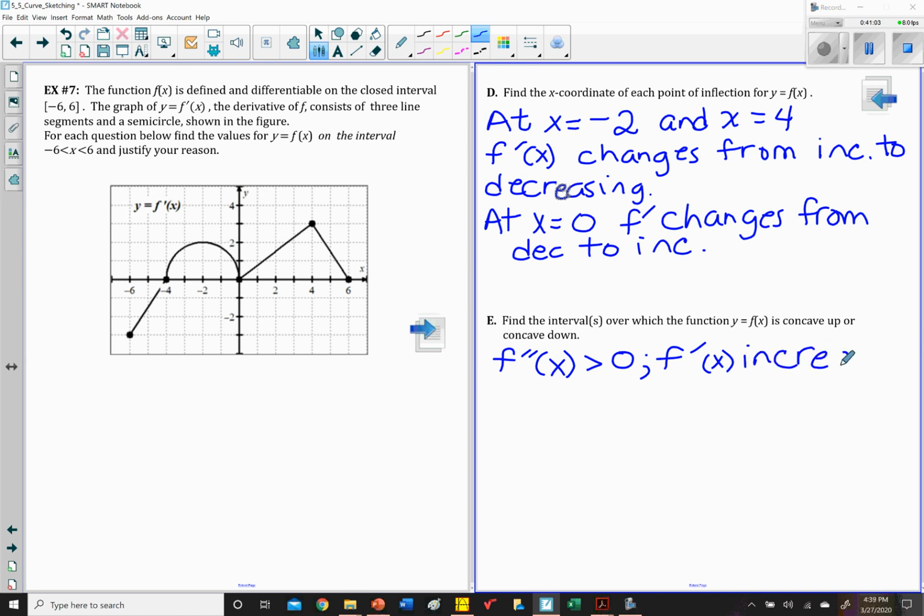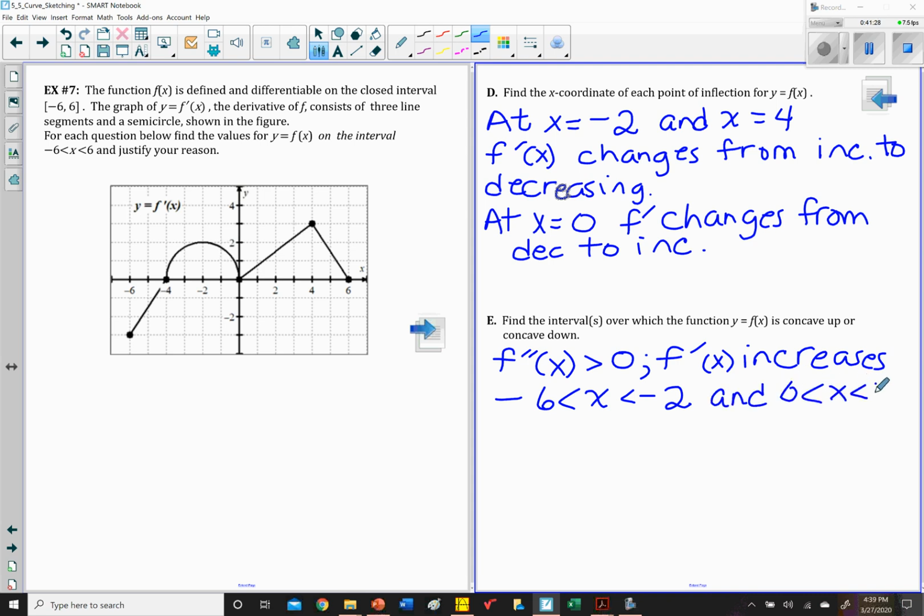Where does that happen? -6 to -4, well, all the way to -2. The first derivative increases. And then where? 0 to 4?